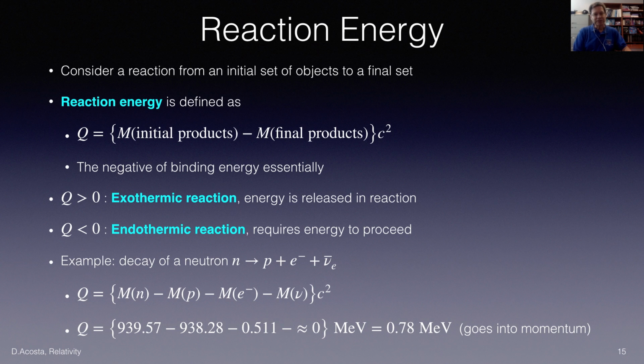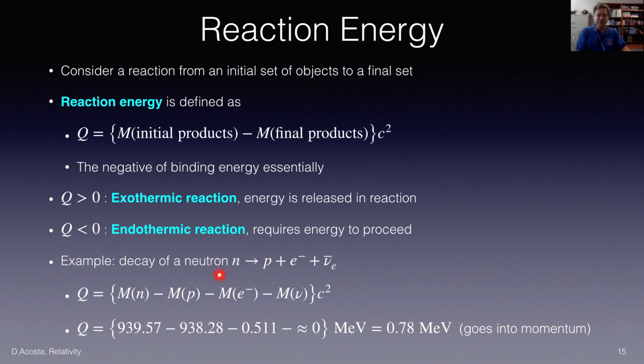What is the reaction energy as the neutron decays? Well, we take, again, the mass of the initial products minus the mass of the final products times c squared. So I can write basically the rest mass energies. Well, the neutron we learned before was 939.57 MeV in rest mass energy. And that was the only particle in the initial state. I subtract off the mass of the proton in the final state, that's 938.28 MeV.